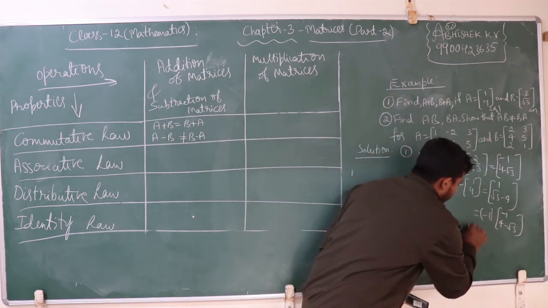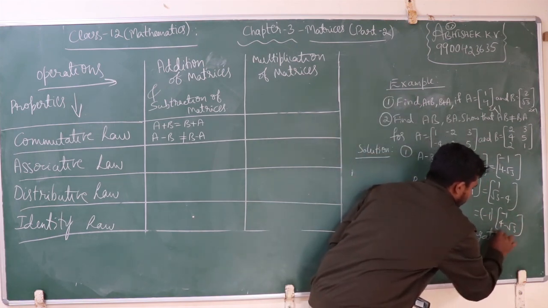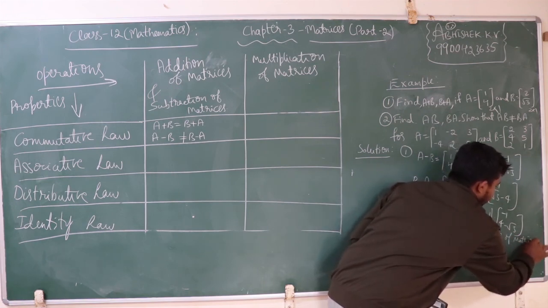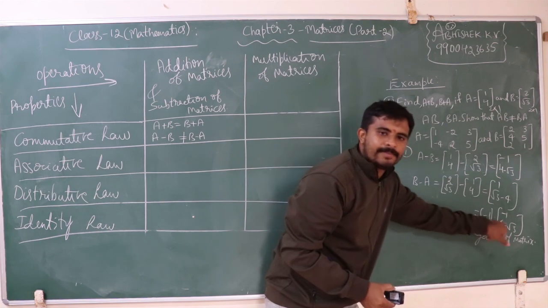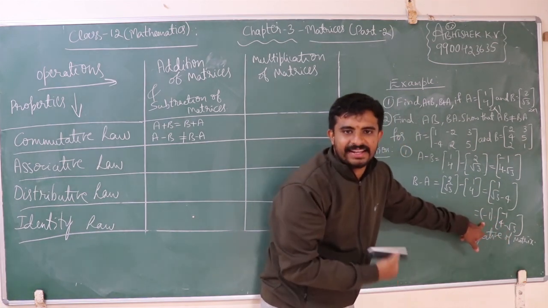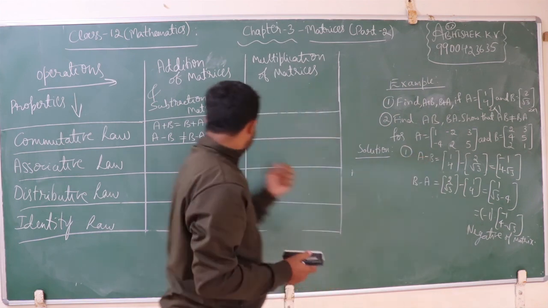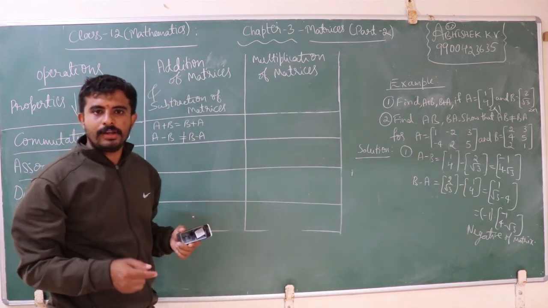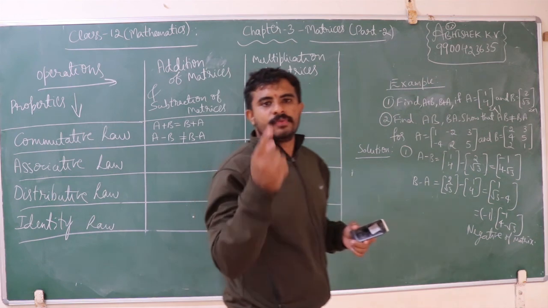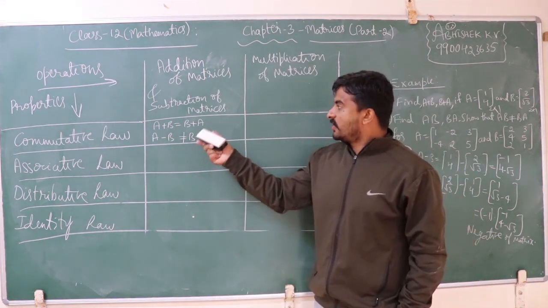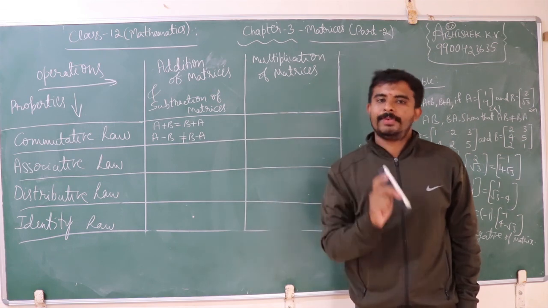This is called the negative of a matrix. This can be read as matrix by a scalar multiplication. What is the scalar here? Minus 1. Therefore, A minus B is not equal to B minus A. Therefore, the commutative property holds for addition of two matrices, but subtraction of matrices does not hold the commutative property.